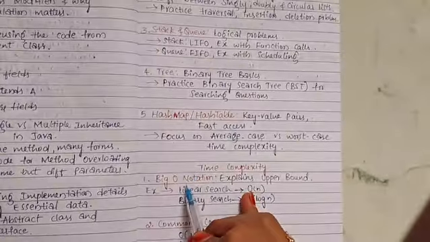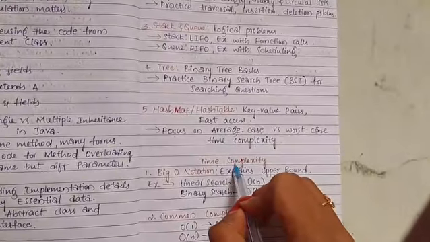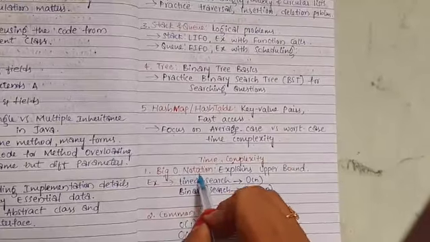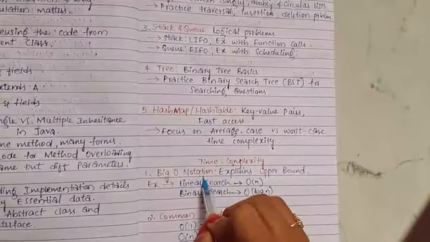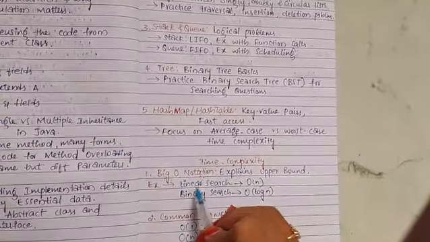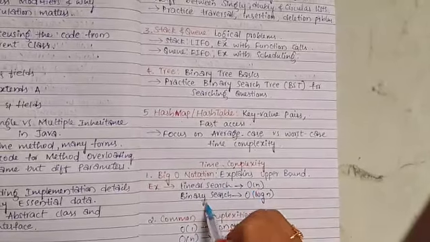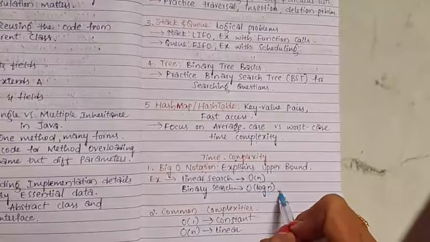The third one is time complexity. You have to focus more on time complexity. In that we have big O notation and common complexities. Big O notation explains the upper bound. For example, for linear search we have big O n. For binary search we have big O log n, which is logarithmic.